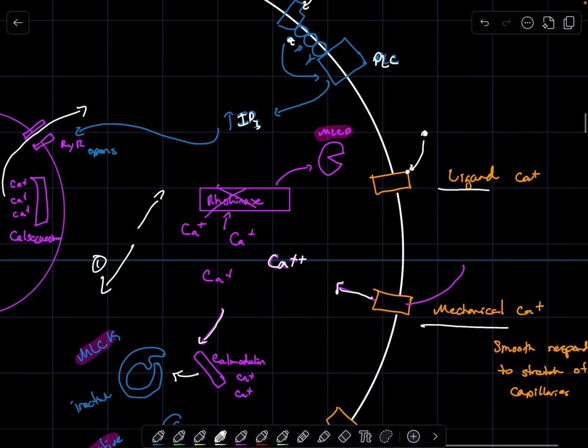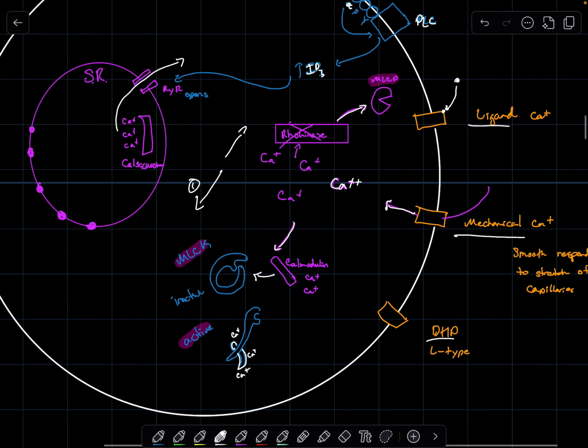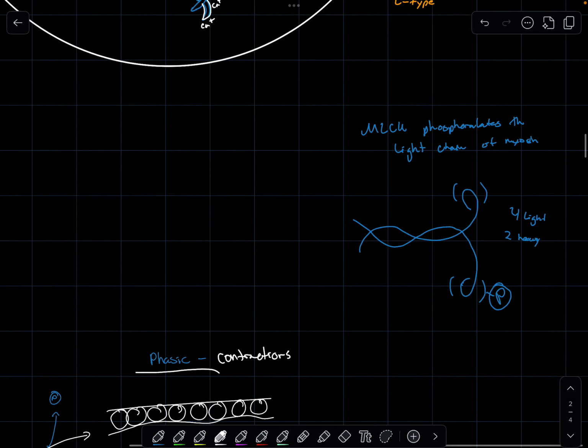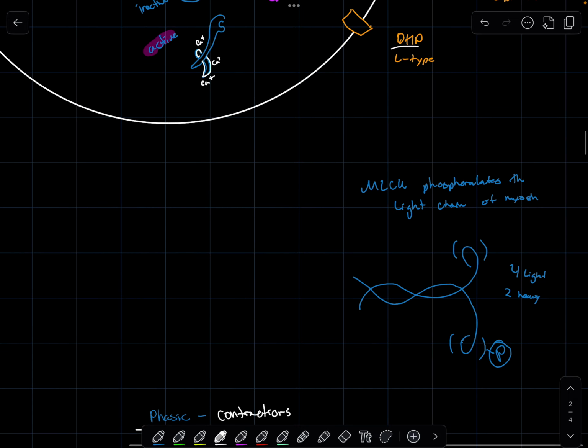So if calcium deactivates rhinokinase, then we're able to make more MLCP, which essentially rips off phosphates, and MLCK adds on phosphates. So we'll look at here. MLCK phosphorylates the light chain of myosin, so it adds on this phosphate to the light chain.